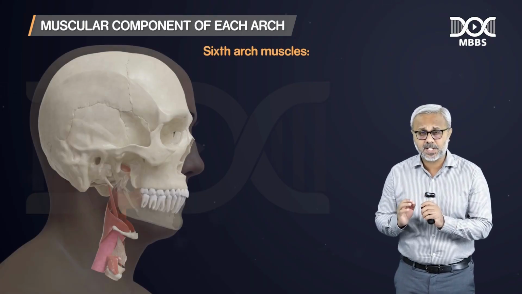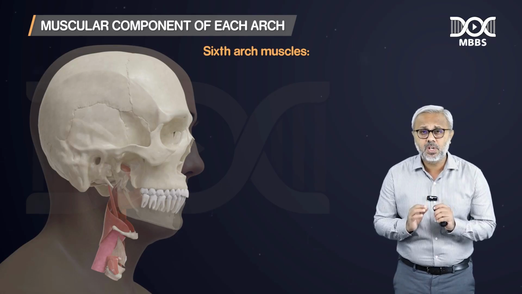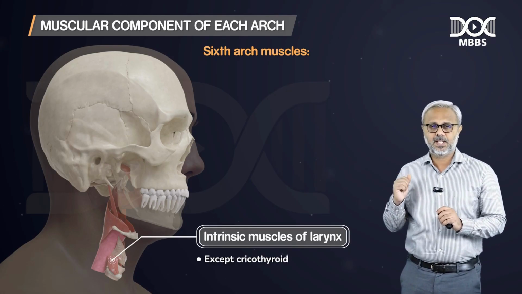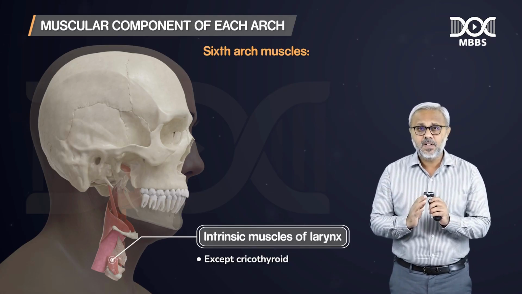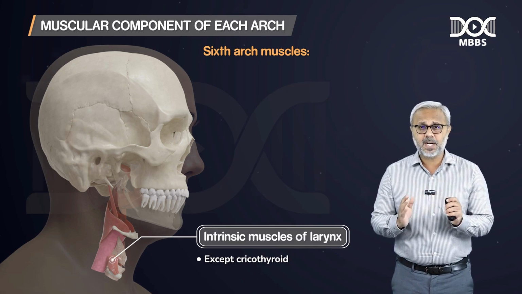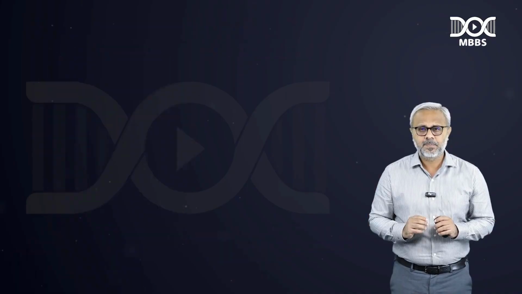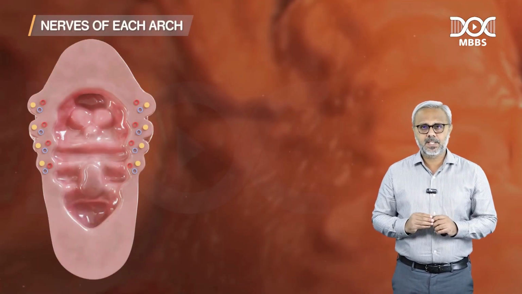Muscles of the sixth arch include all the intrinsic muscles of the larynx except cricothyroid. This is how the muscles of different parts of the head and neck develop from the pharyngeal arches. Right? Done. Let's see about the nerves.